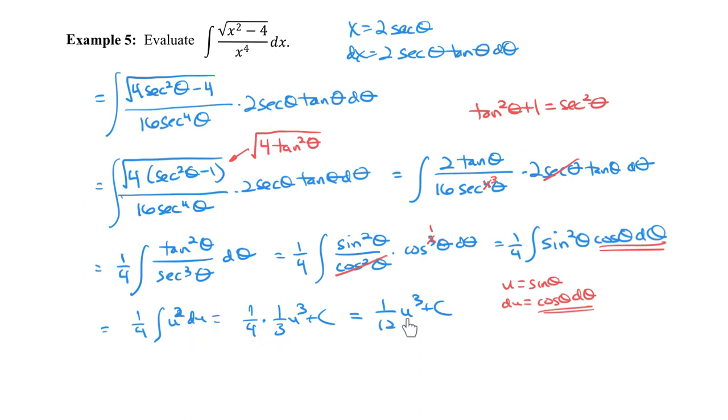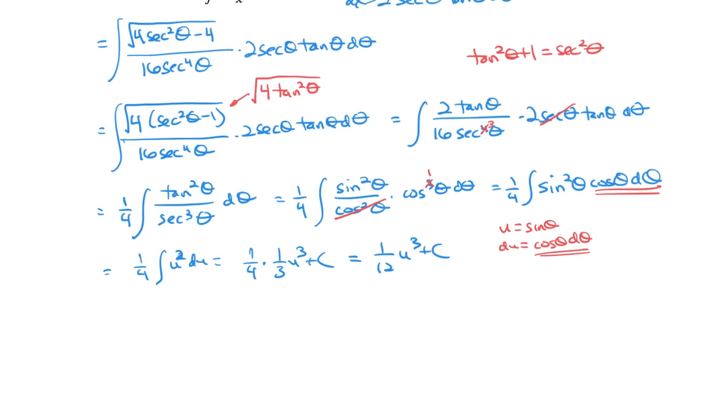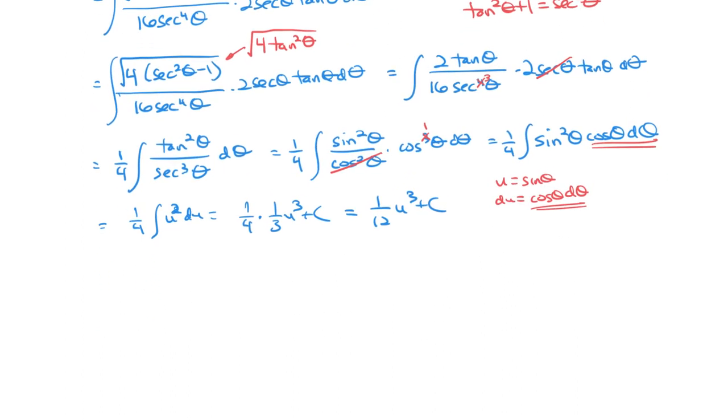Now we need to resubstitute because u is really sine theta. So what this gives us is 1/12 sine cubed theta plus c. All right, so we're getting closer.